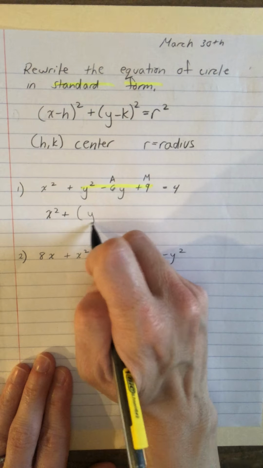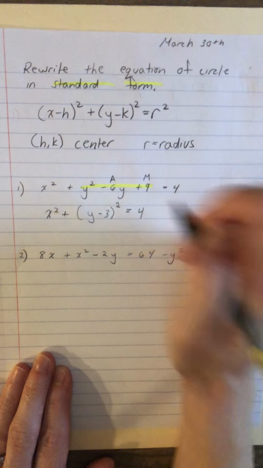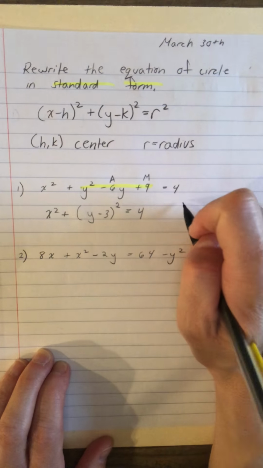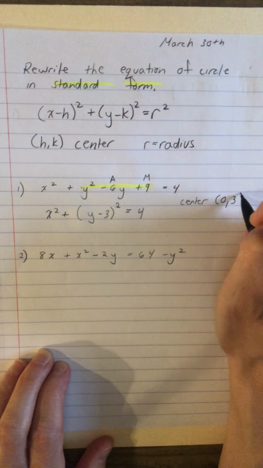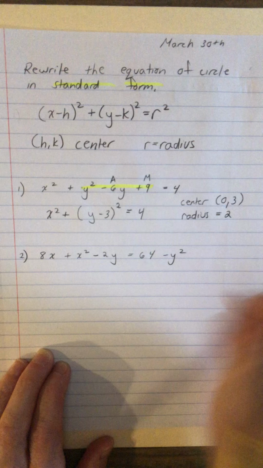So I can write (y minus 3) times (y minus 3), or I can write (y minus 3) squared is equivalent to 4. And by looking at that, I can now say, wait a minute, this is in standard form. I can identify my center as (0, 3), and my radius as 2, because it would be the square root of 4.